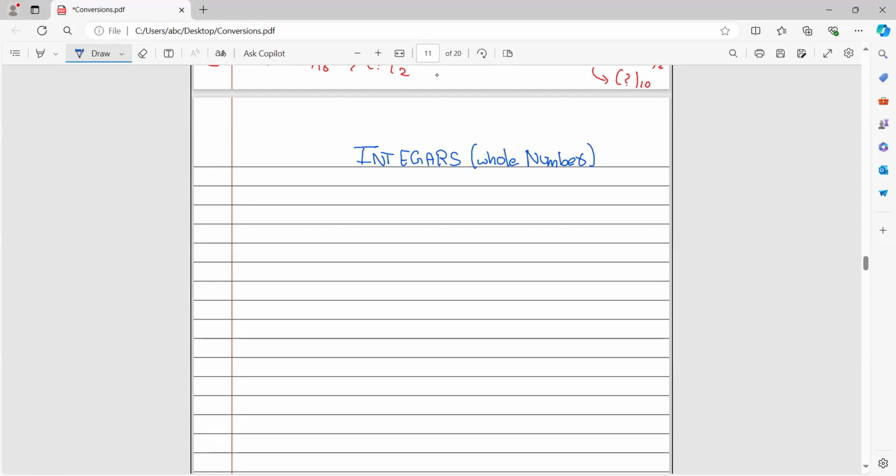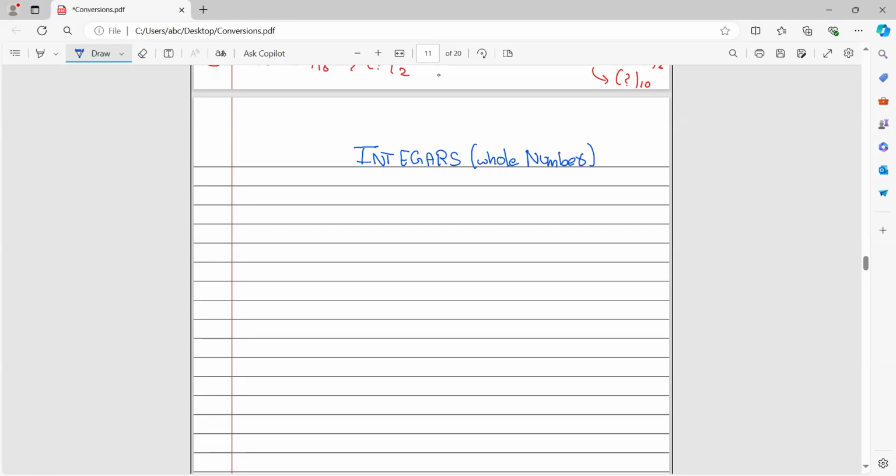All of the numbers that are not in decimal, only whole numbers. If it's 4.66 or 6.8, that means it is not a whole number. A whole number is a complete number without any decimal.